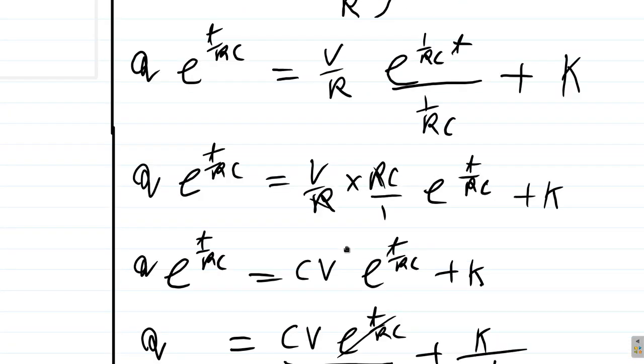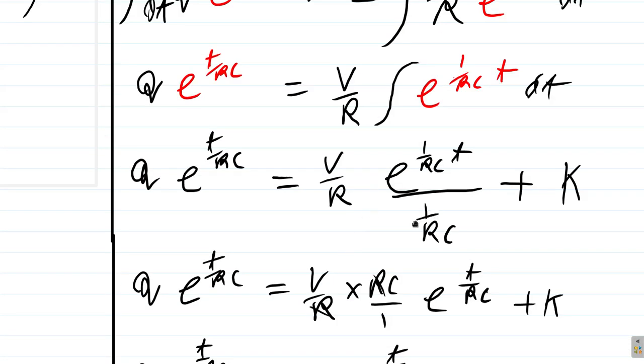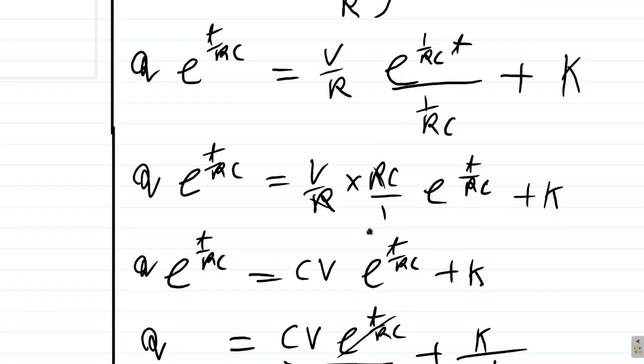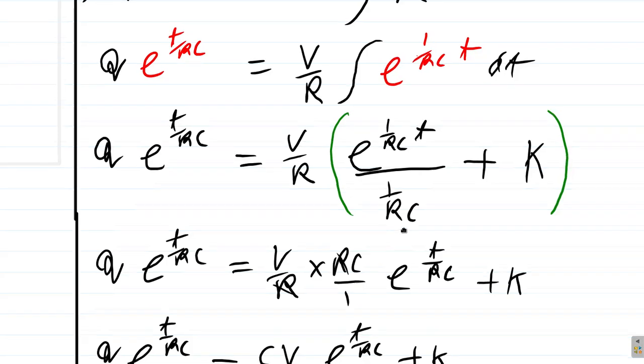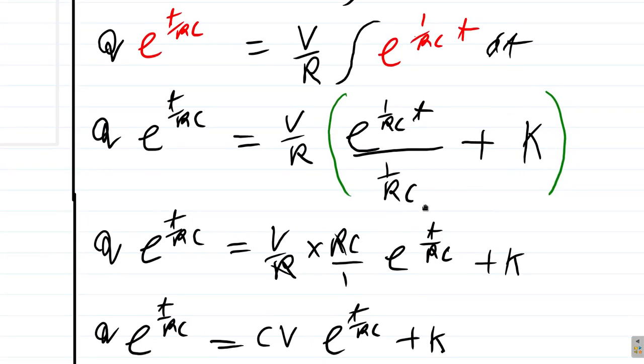The V over R. Oh yeah, I have the V over R here, cancelled, so we get CVE to the, okay, yeah. One thing I left out, remember the V over R multiplies everything. So I left out the bracket. I should have put a bracket around this. When you don't put a bracket, you tend to forget that the V over R should be multiplying everything.